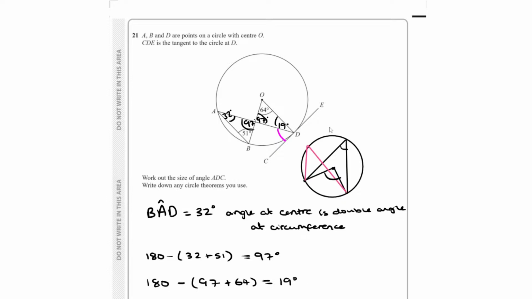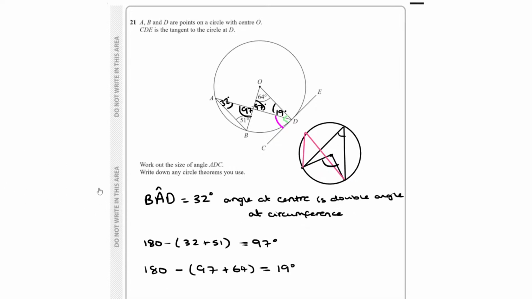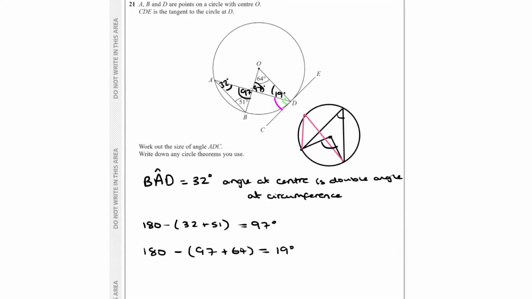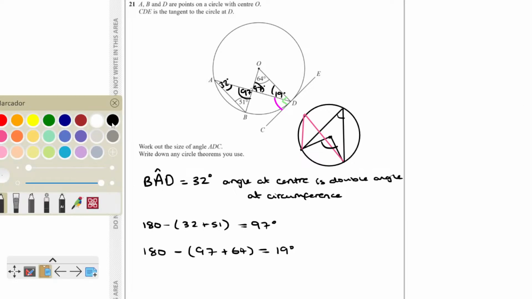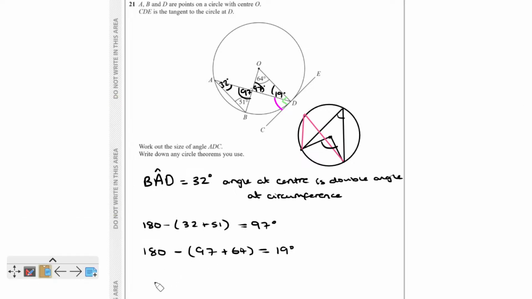Now we're going back to circle theorems. The circle theorem I'm going to use is, see how OD is obviously a radius, isn't it? And then we have a tangent. We haven't used the tangent yet. The angle between a tangent and a radius is always 90. It's always perpendicular. So do you see how therefore I could work out 90 minus 19 would be my answer, which is 71.